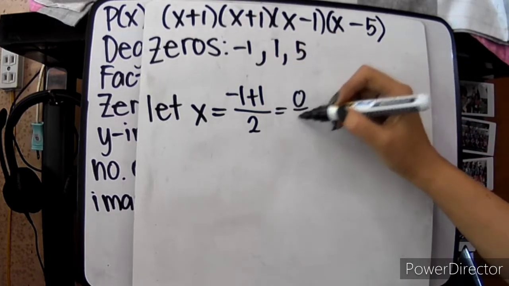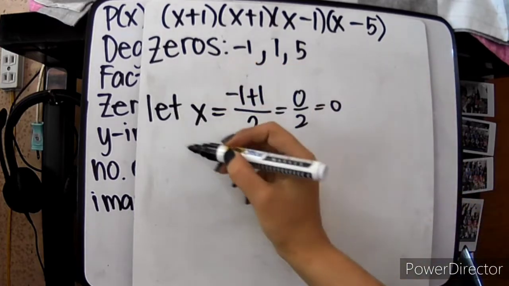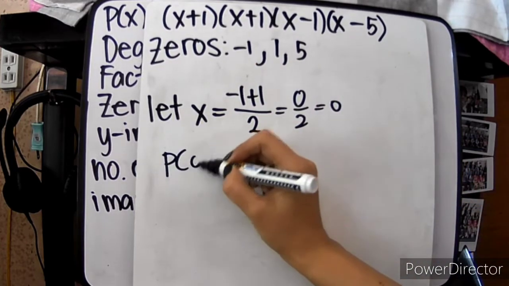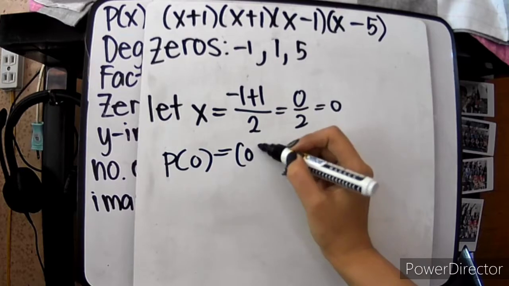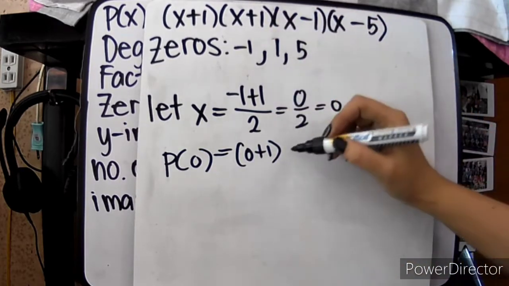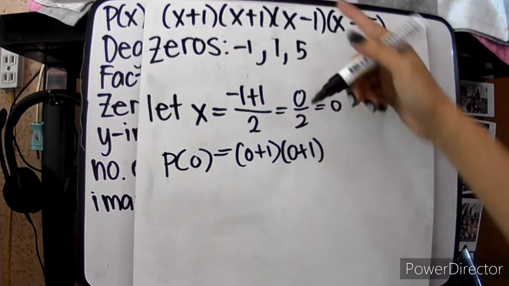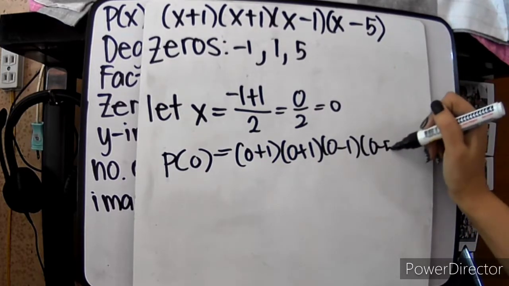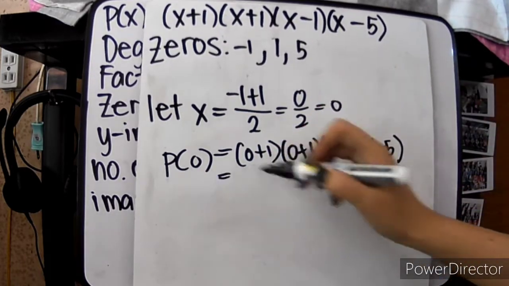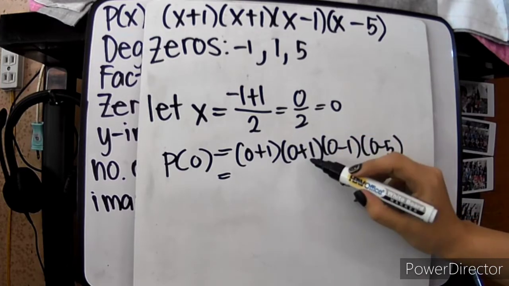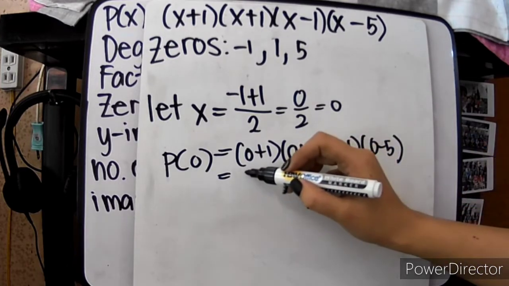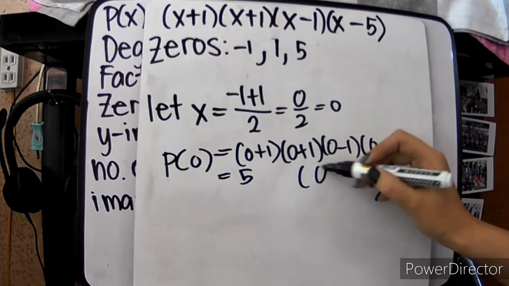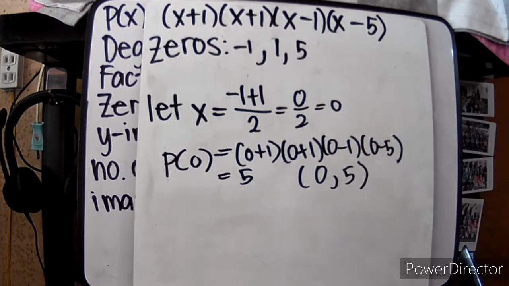So, this is 0 over 2 will give us 0. So, ang una natin isa-substitute is P of 0. So, 0 plus 1, 0 plus 1 ulit, and then 0 minus 1, and 0 minus 5. So, this is 1 times 1 times negative 1 times negative 5 is 5. So, ang ordered pair natin is 0, 5.